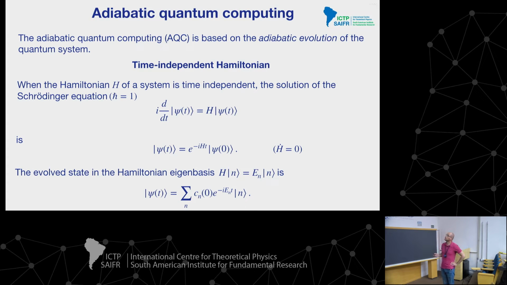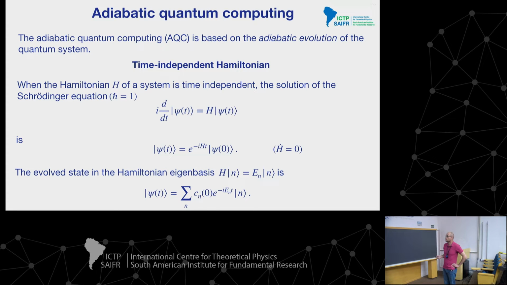This is the Schrödinger equation. When we try to solve the Schrödinger equation, if the Hamiltonian is time independent, we know that the evolution operator is quite simple, right? Although it's not always simple to simulate. If you expand the initial state in the eigenbasis of the Hamiltonian operator, then it's possible to find this solution.